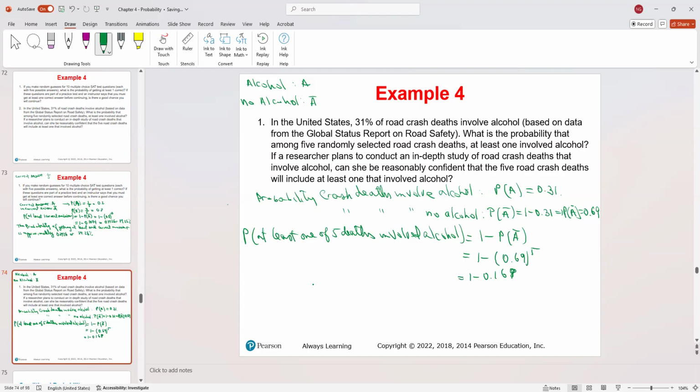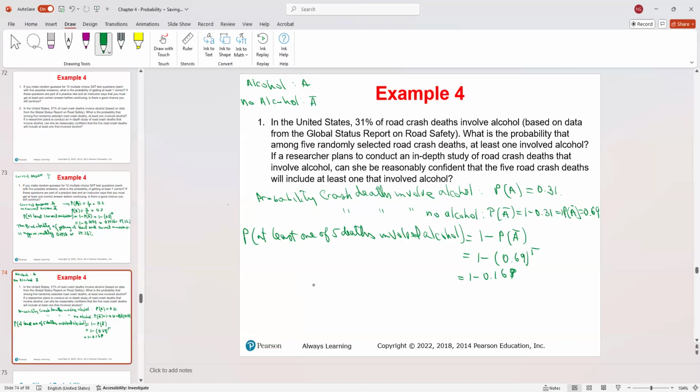Actually, what is the probability that among five randomly selected crashes at least one involves alcohol? We need to remove the probability that none of them involve alcohol, which we did.